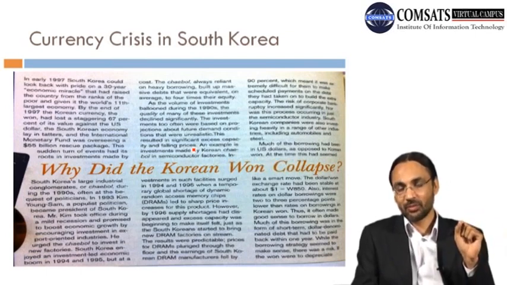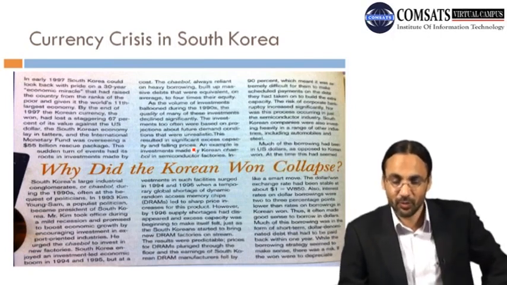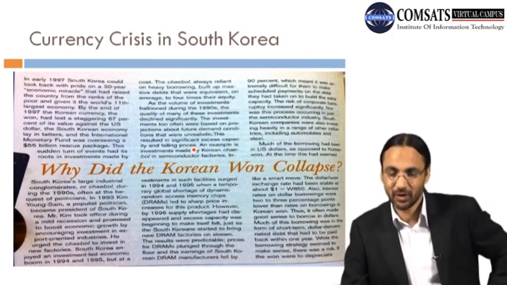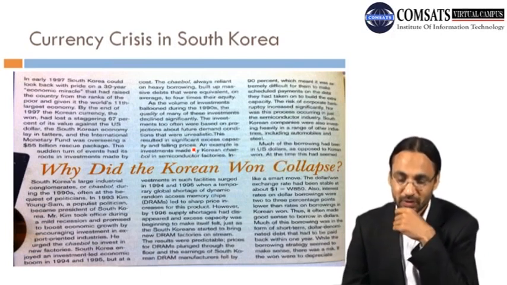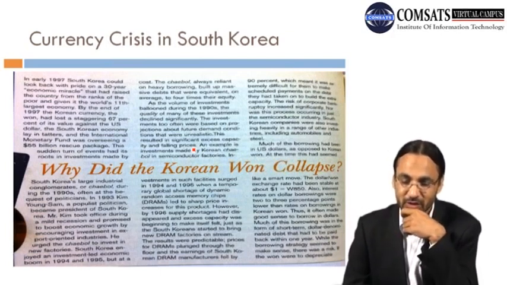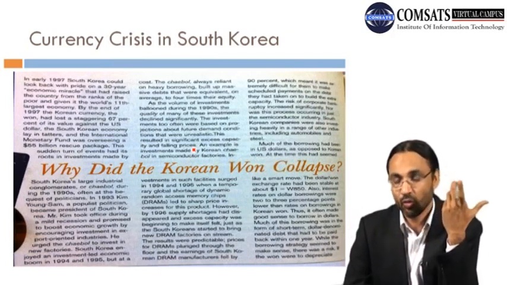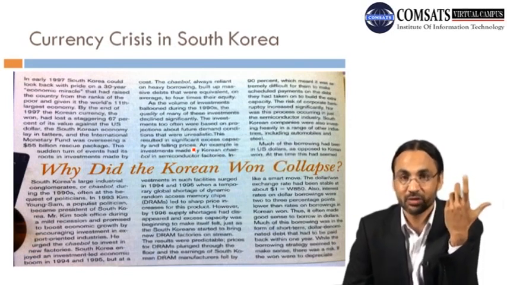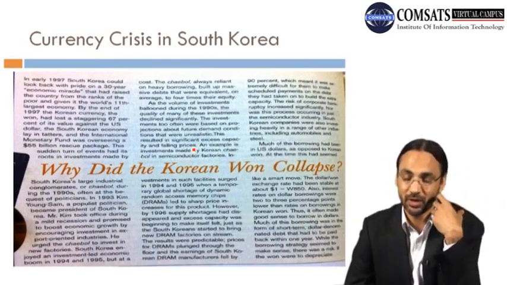And what was the problem? These firms couldn't pay back the loans to the government and to the foreign companies. They were not able to pay back those loans, and the risk of corporate bankruptcy increased significantly. The whole semiconductor industry was sort of bankrupt.